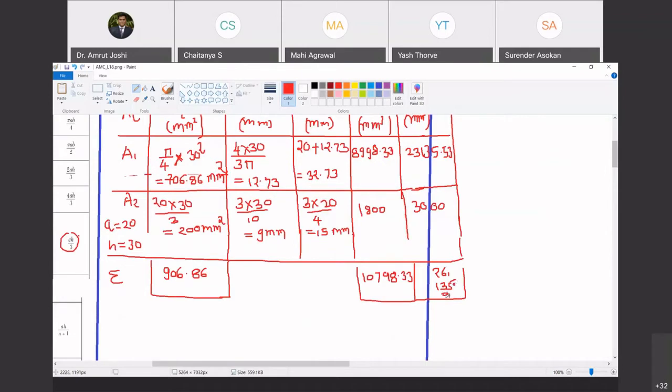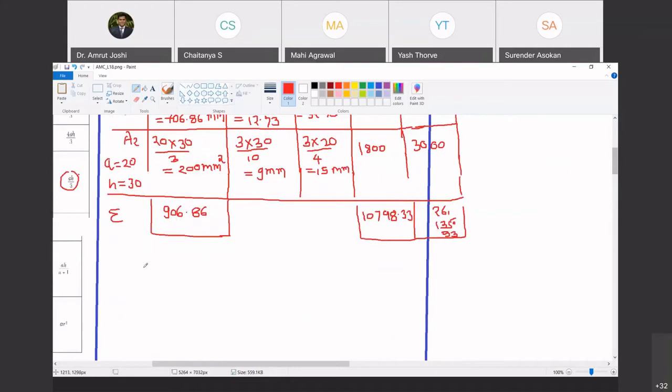135.53. So keep in mind this is 26,135.53. Now tell me, let us say the centroid has coordinates capital X and capital Y. So what is capital X?